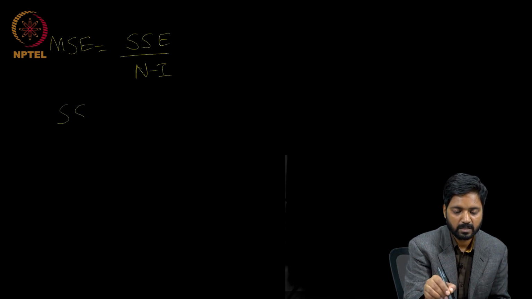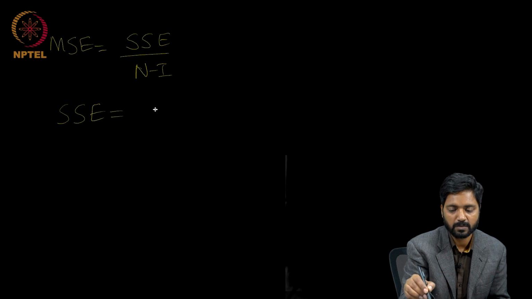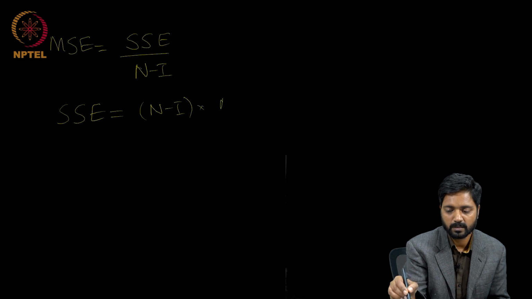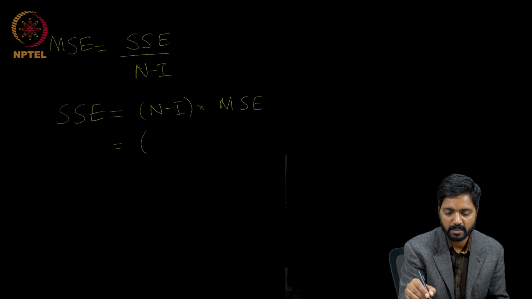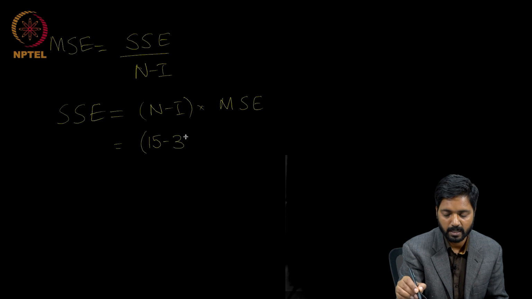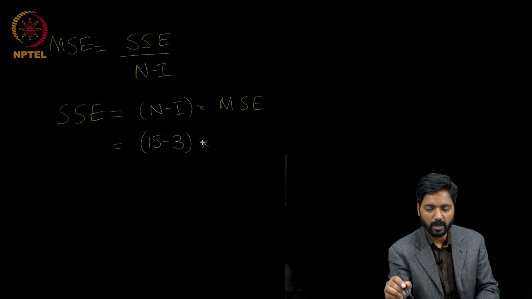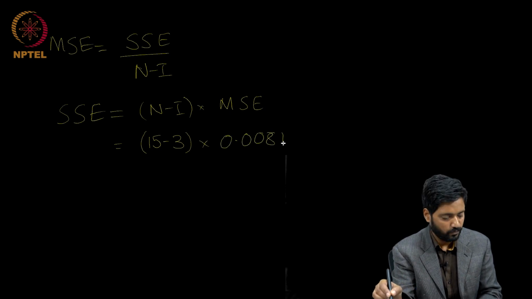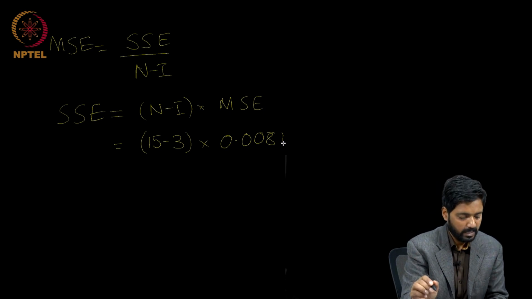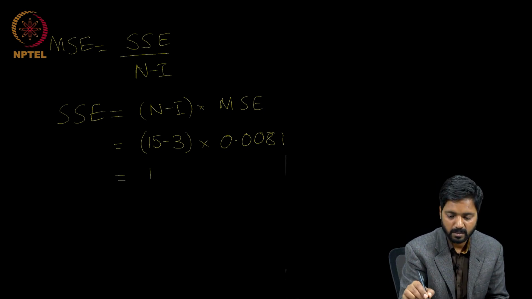This gives us the sum of squares due to error is equal to n minus I into the mean square error. When we put in these numbers, this is 15 minus 3 into the mean square error value, 0.0081.